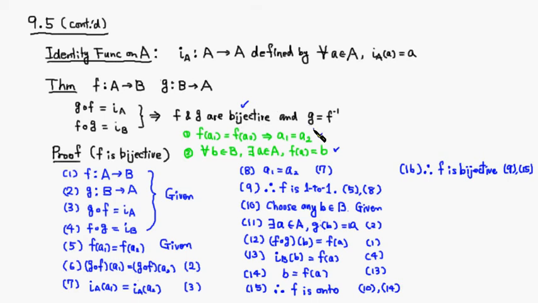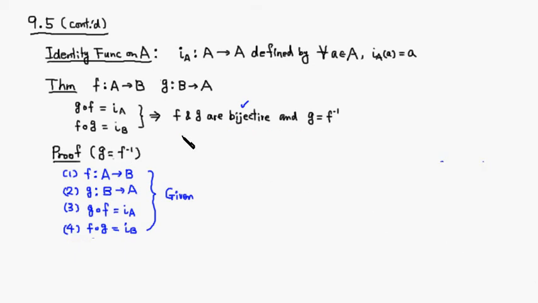Then the last thing we need to do is show that g is actually the inverse of the function f. So let's show that g is the same as f inverse. What do we need to show?